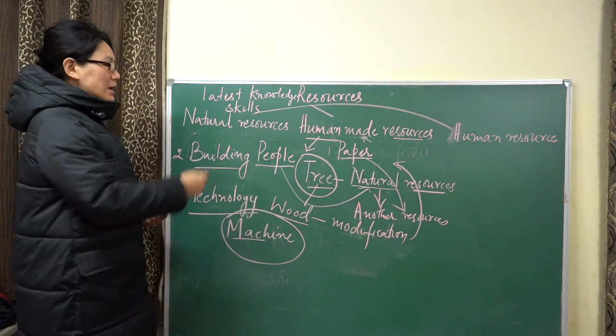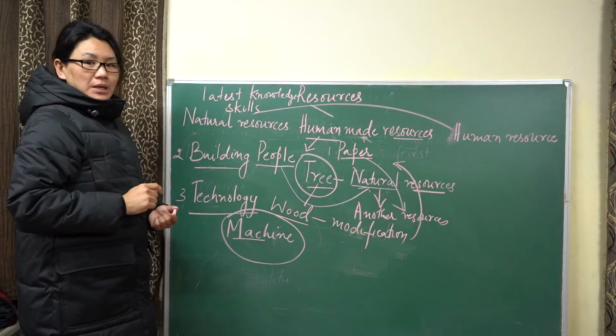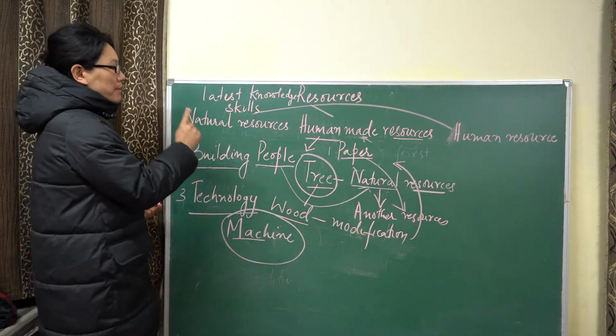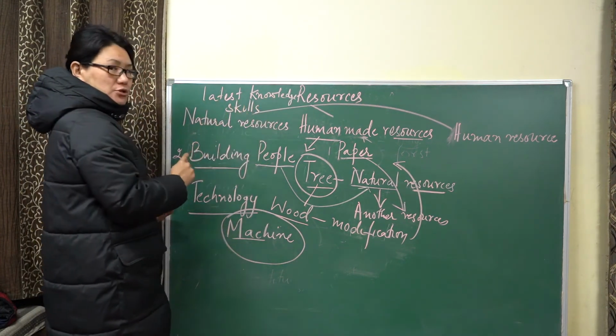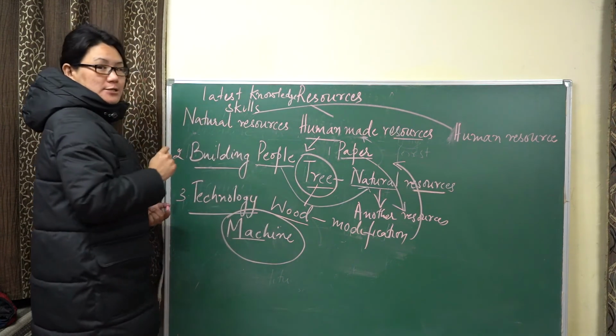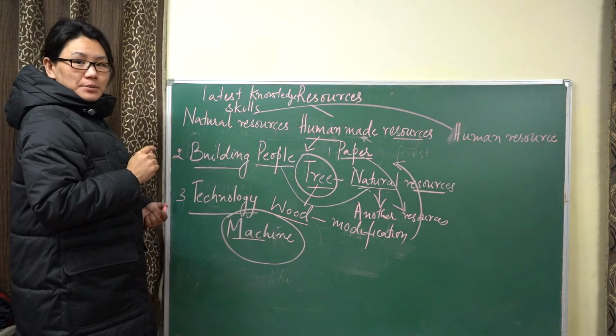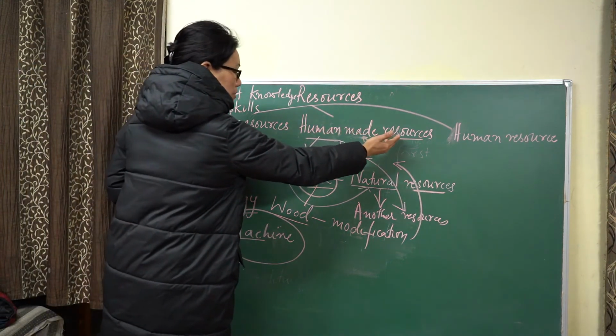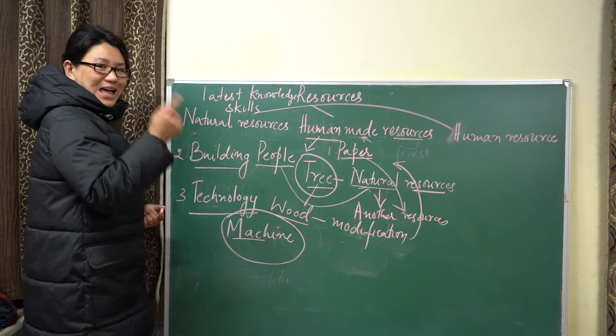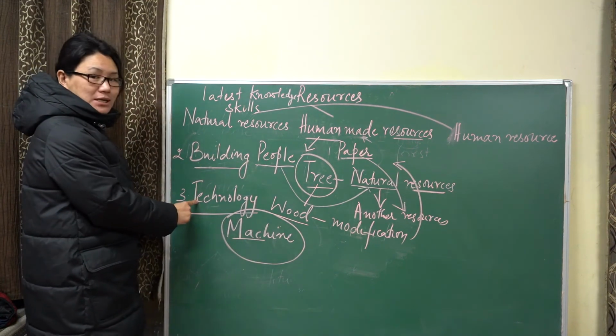A people has skills. If they are making use of their latest knowledge, their skills, right, to produce resources, then that is also called as technology.